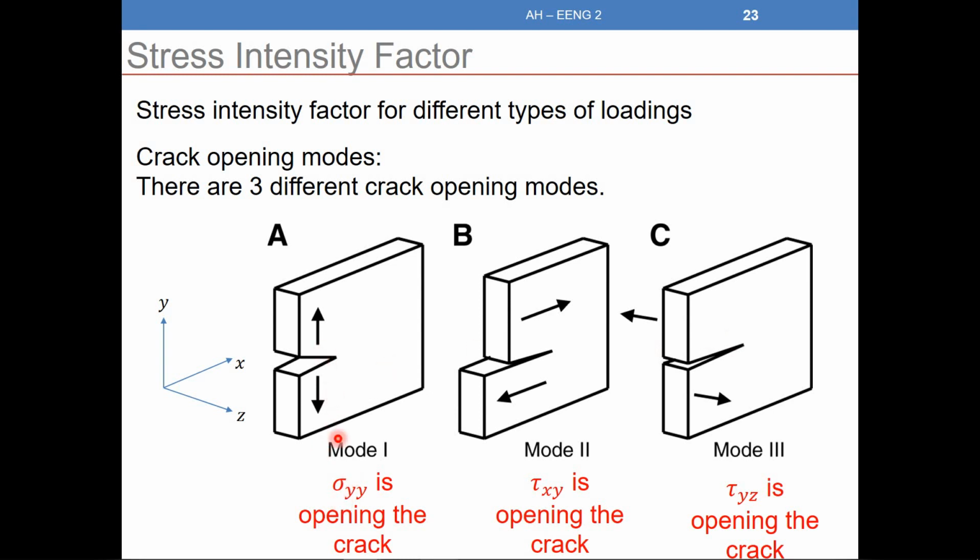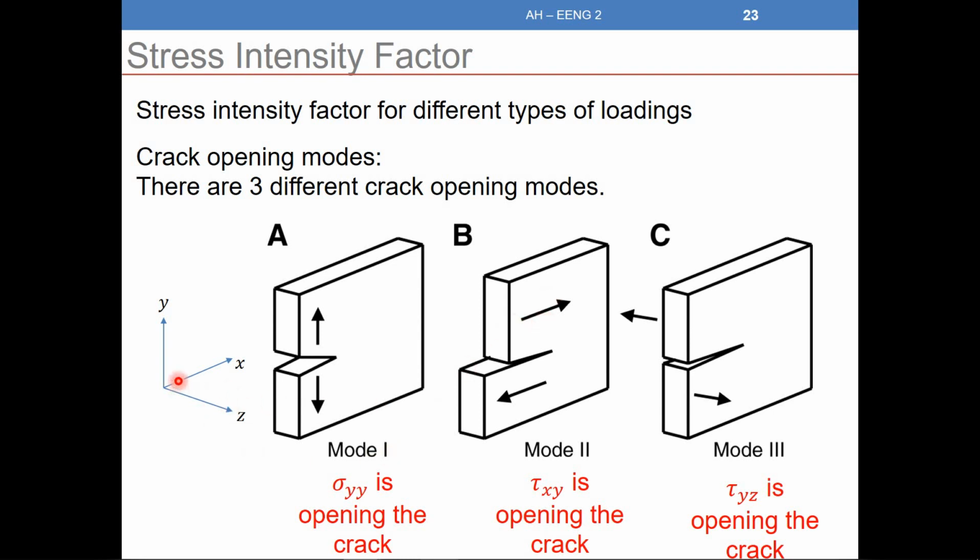So in the first mode, as we can see, if I take this XYZ reference system here, we have a normal stress, sigma Y, which will be causing the opening of the crack. Here I will have a shear stress, as you can see, because it's in this plane. A shear stress in which plane?